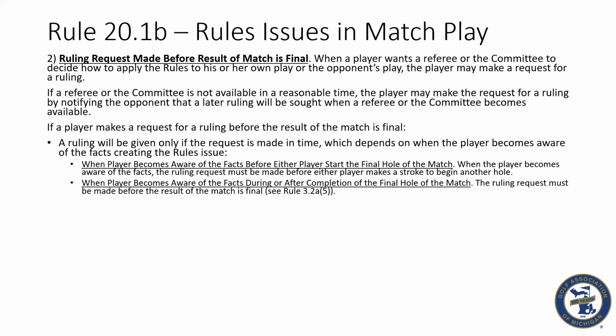In that case, if we go to Rule 3.2A5, page 28, the match becomes final when the result is recorded on an official scoreboard or other identified place, or when the result is reported to a person identified by the committee.